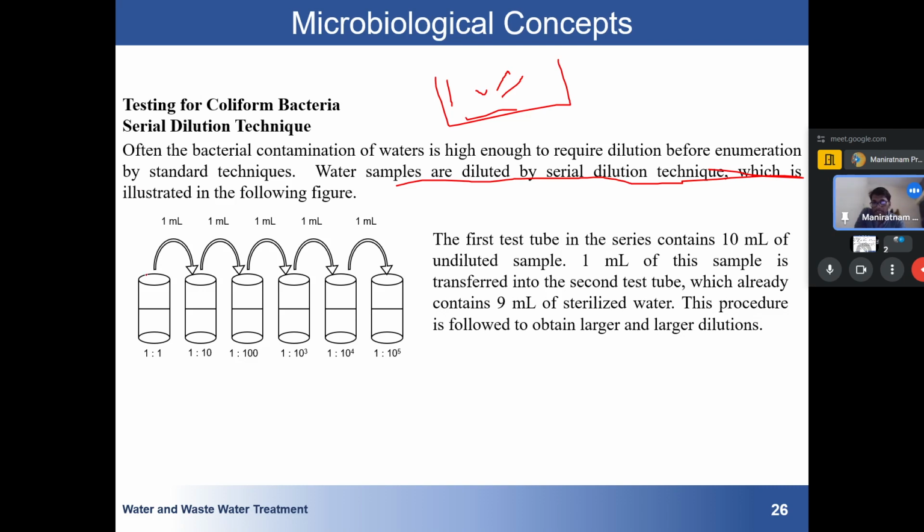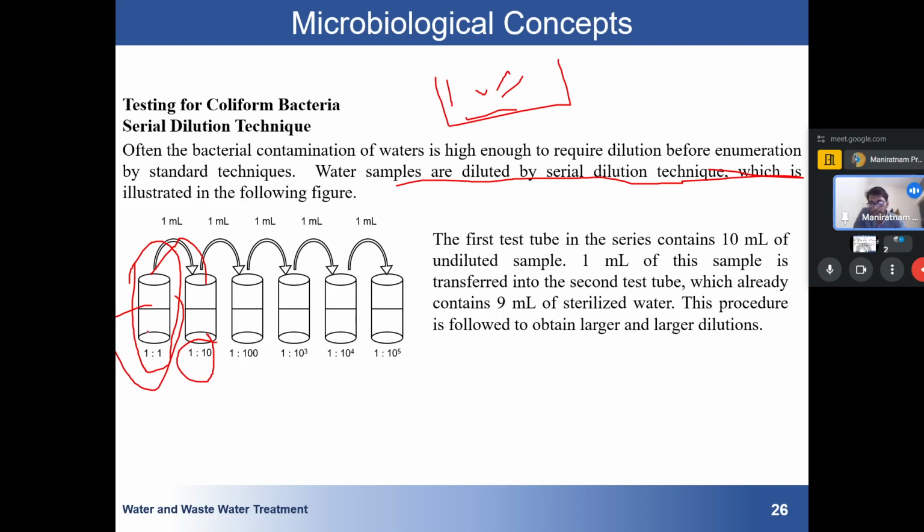Initially this contains your original sample, which might contain pathogens. I take 1 ml from here to here, so the dilution will be 1:10. Similarly I am diluting by a factor of 10 every time. The volume is generally 10 ml, though you can take any amount.